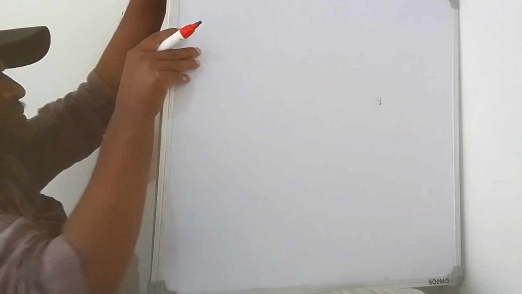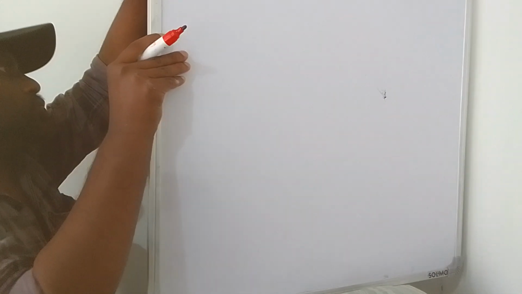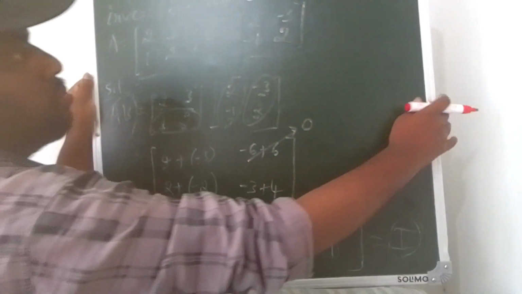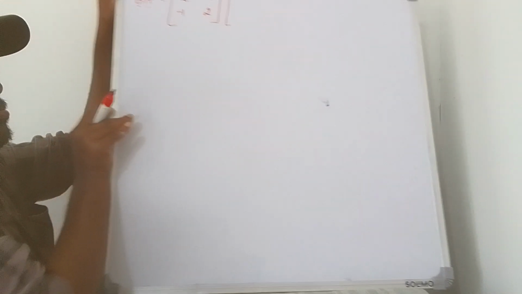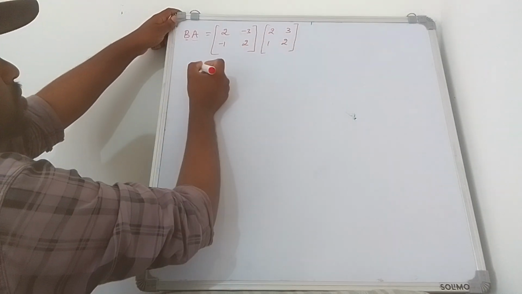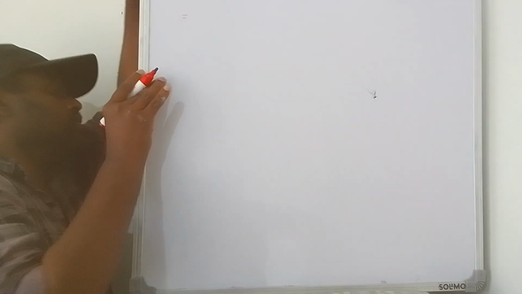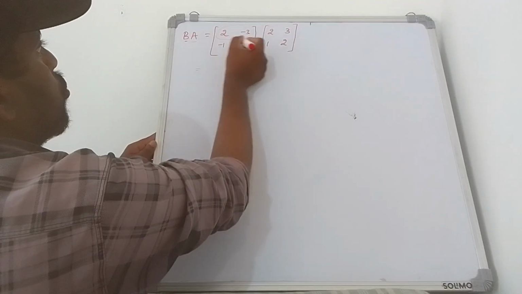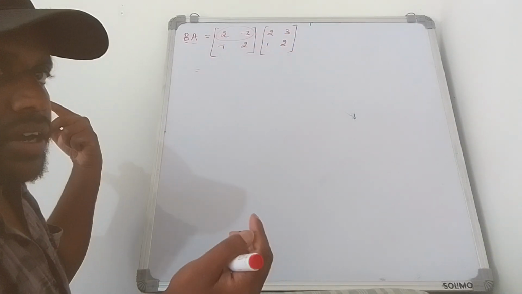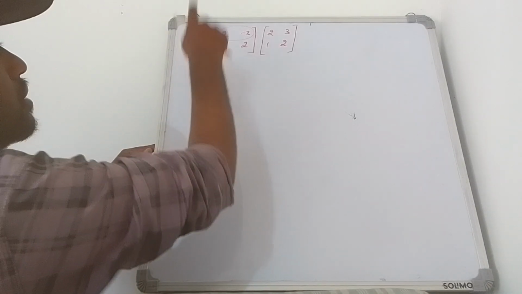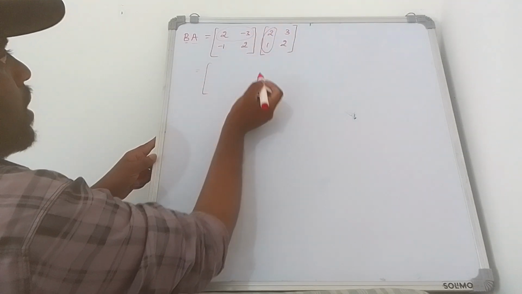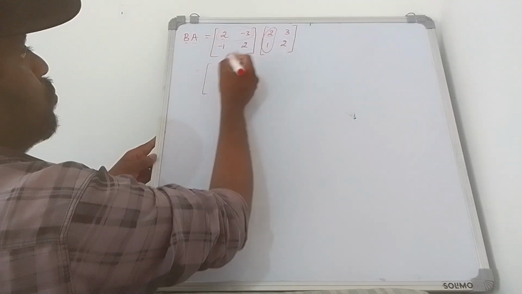Next matrix A. This one matrix A. [2, 3; 1, 2]. Yeah, we have to multiply. So first in the first matrix, first row. Similarly, how you multiplied in the case of AB, same thing we have to proceed here. So consider first row in the first matrix, then first column. Put the square bracket. First element 2 into 2, 4.